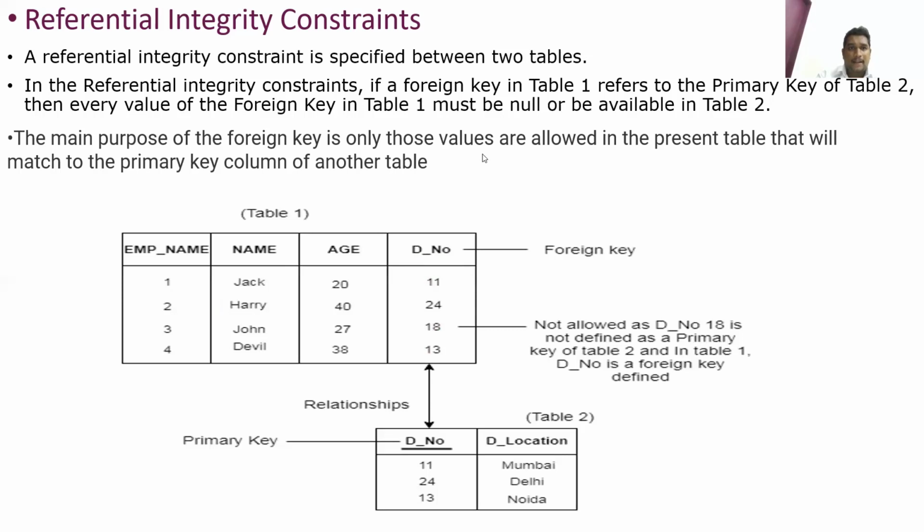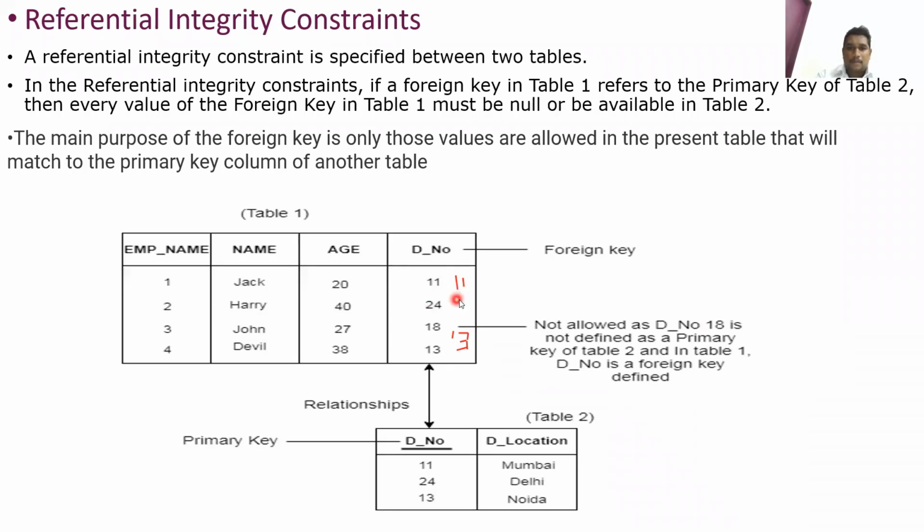Let me draw one thing. If there is data 13 here and data 11 available, so I have two 11s, two 13s and 24.